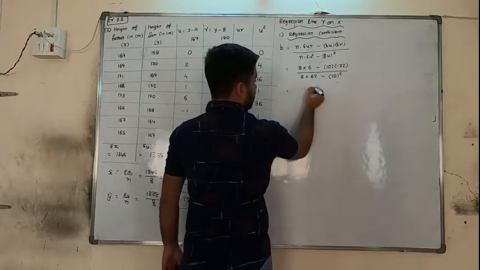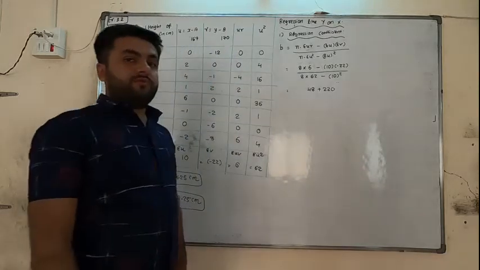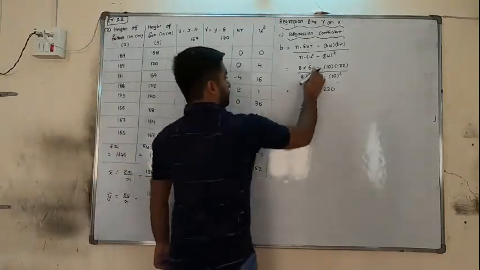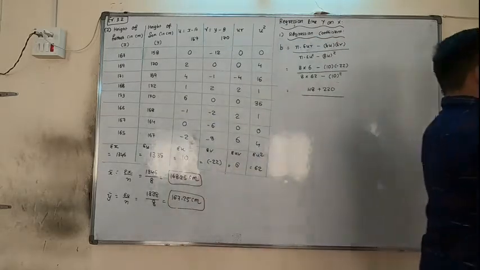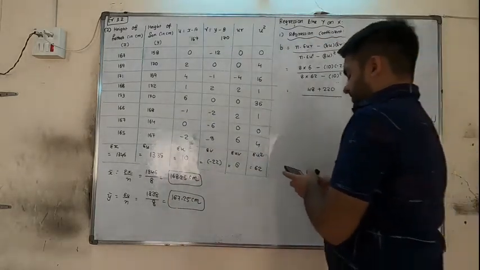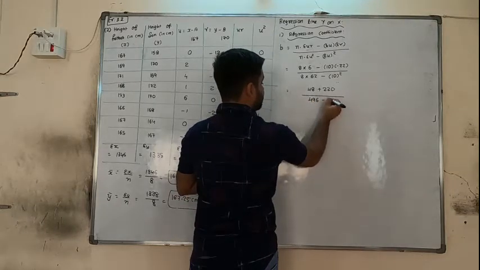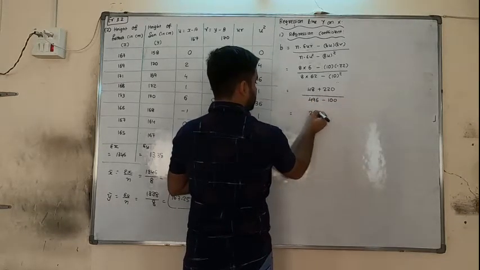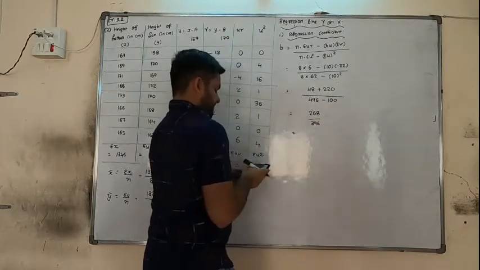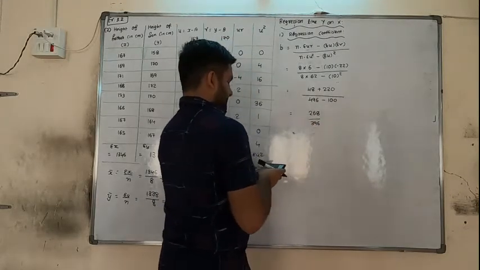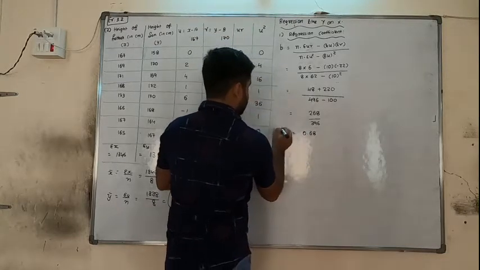So 6 times 8 is 48, minus minus plus 22 into 10 is 220, divided by 62 into 8, which is 496, minus 100. So 268 divided by 396, which is 0.68.